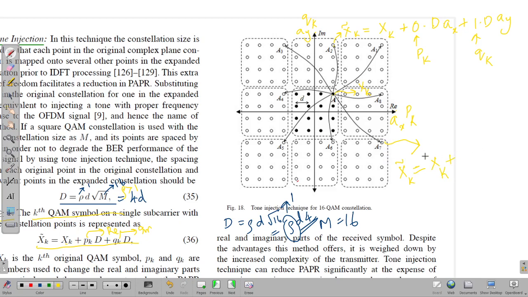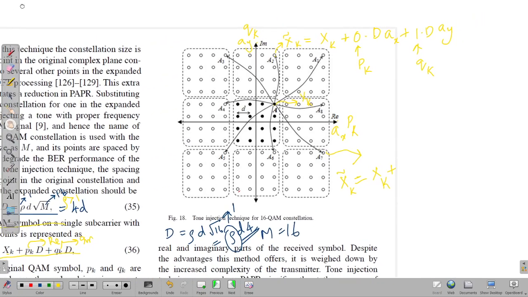So you have -1 into d ax plus, and this point is moving down along the y-axis. Please note that it is moving down along the y-axis.